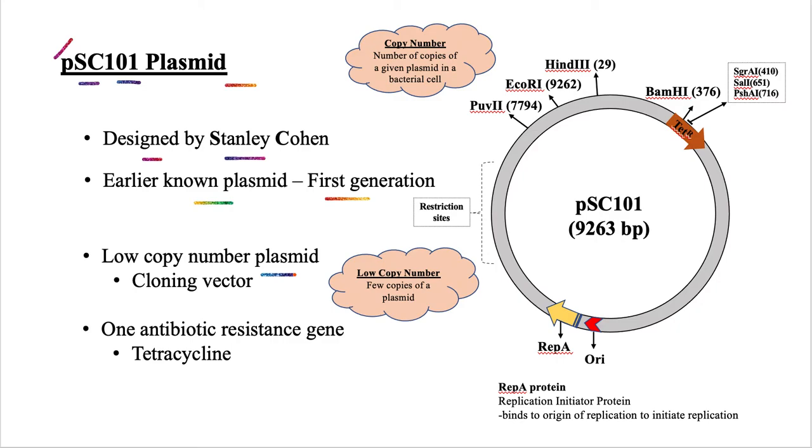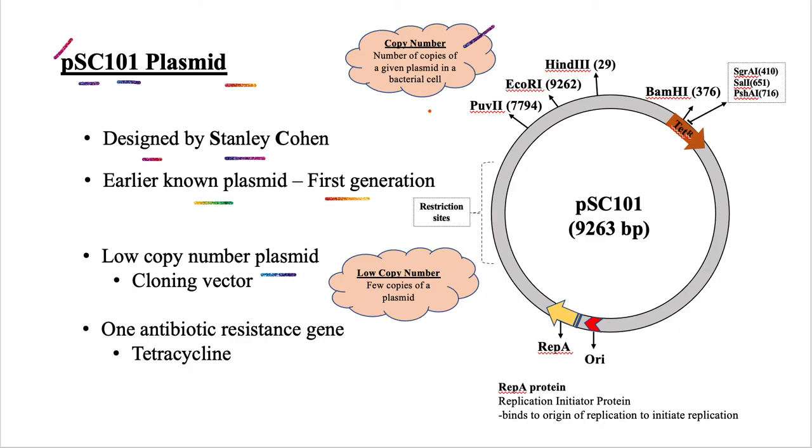So what is copy number? Copy number means the number of copies of a given plasmid in a bacterial cell. When we talk about the copy number of a plasmid, that basically means how many copies of a particular plasmid are present in a bacterial cell. Some are low copy number plasmids and some are high copy number plasmids. If only a few copies of the plasmid are present in a bacterial cell, we call it low copy number.